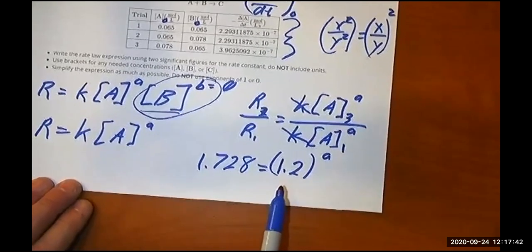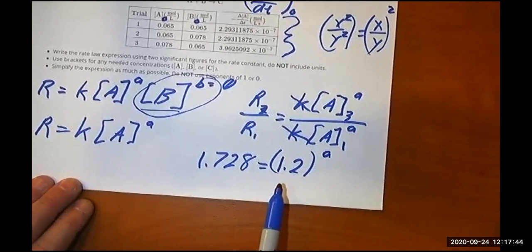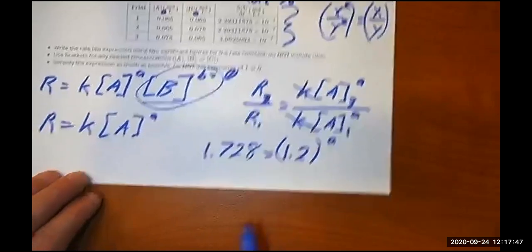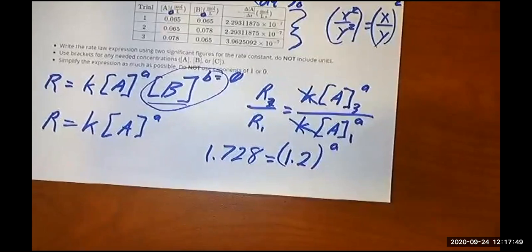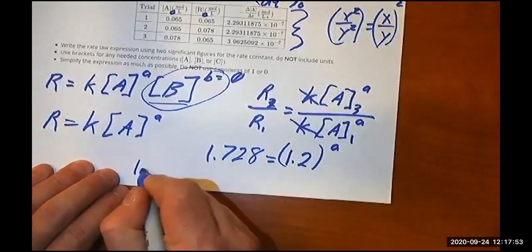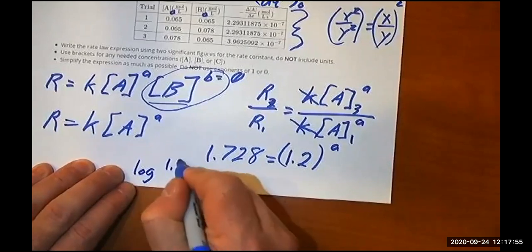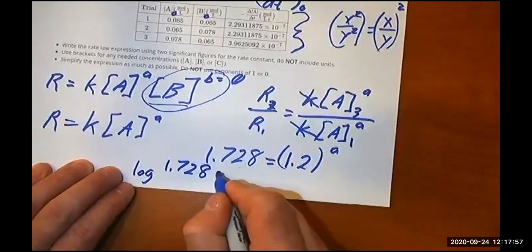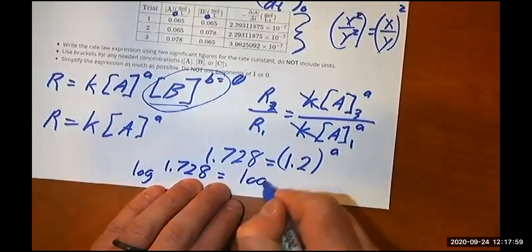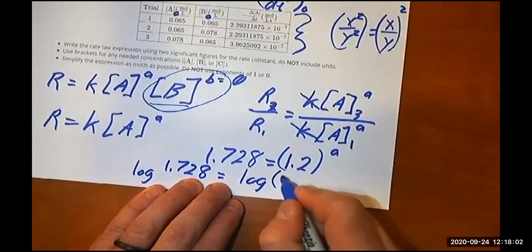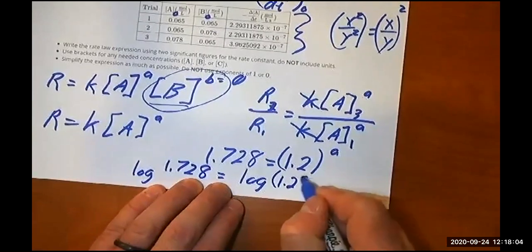So the trick we play at this point is to take natural logarithms of both sides. Actually, it can be any kind of logarithm as long as you use the same kind on either side. So we take the log of 1.728 equals the log of 1.2 to the A power.